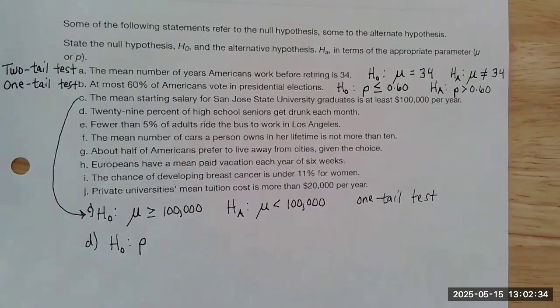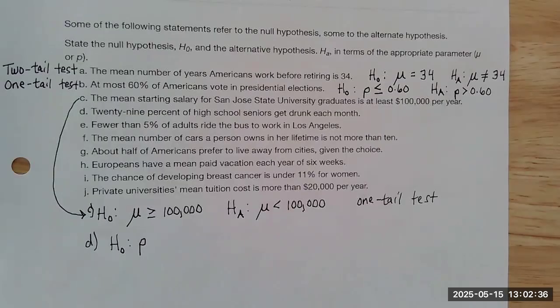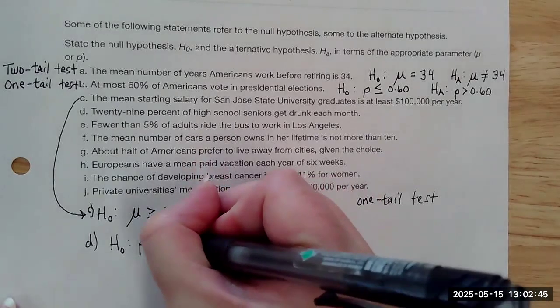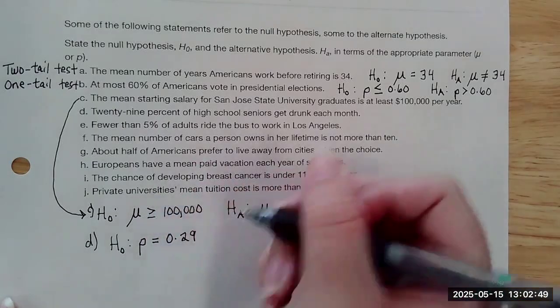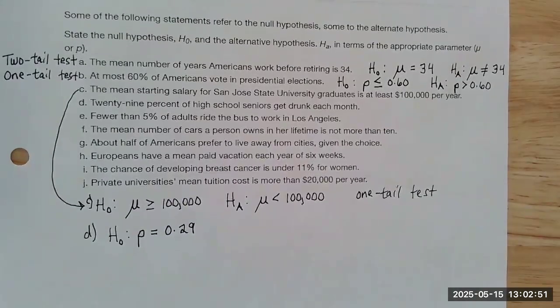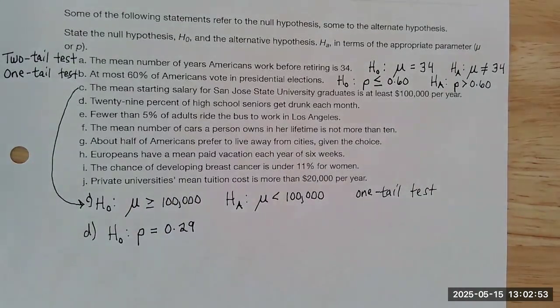And I'm not saying 29% or more. I'm not saying 29% or less. I'm saying exactly 29% of high school seniors get drunk each month. So you're going to put an equal to sign and put 0.29 there. Now, I personally hope that's a high number.